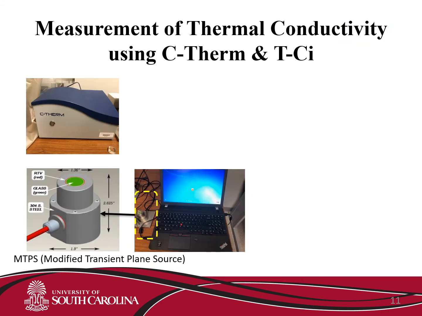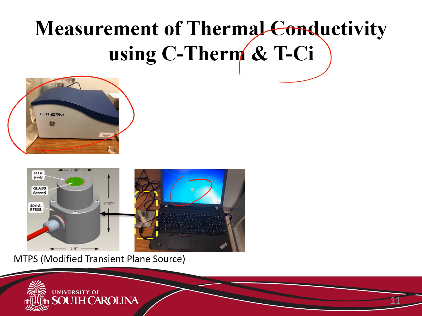There is another way to calculate the thermal conductivity by using the C-Therm. This is very fast, very straightforward. You don't need to worry about the T hot, T surface, thermocouples. You just need the C-Therm with a TCI, which has LabVIEW inside.